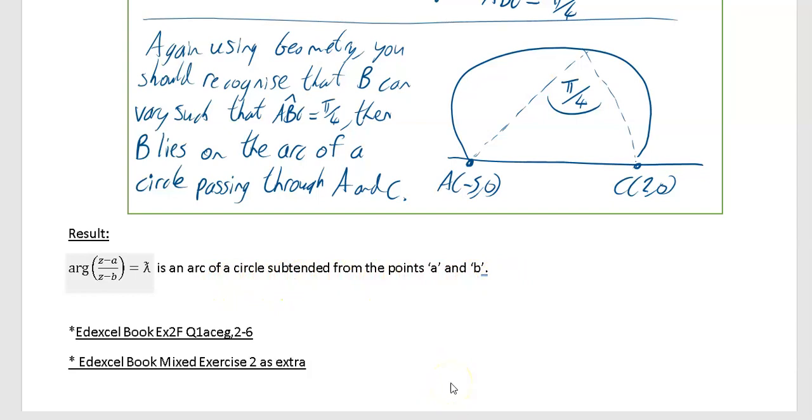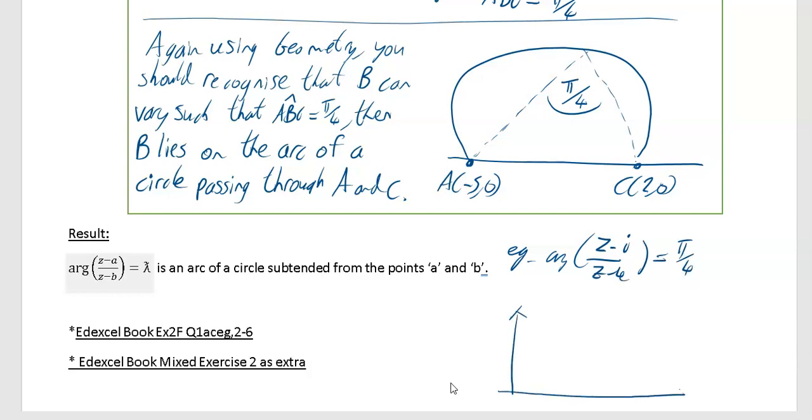So here I'm just going to do one wee example. For example, if you had arg((z − i)/(z − 4)) equal to, we'll just go π/4 again. To draw this thing out, mark on where z − i would be here.